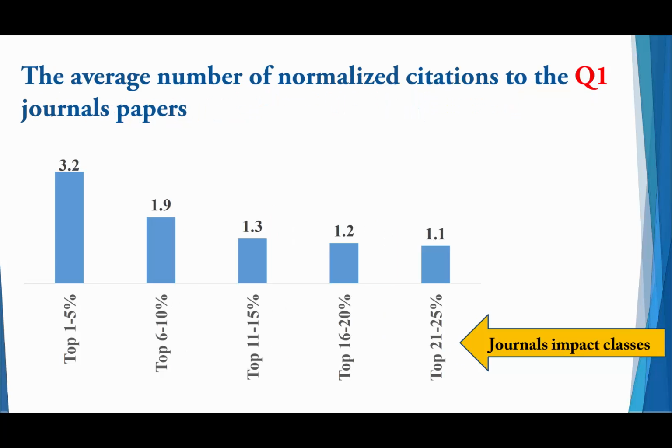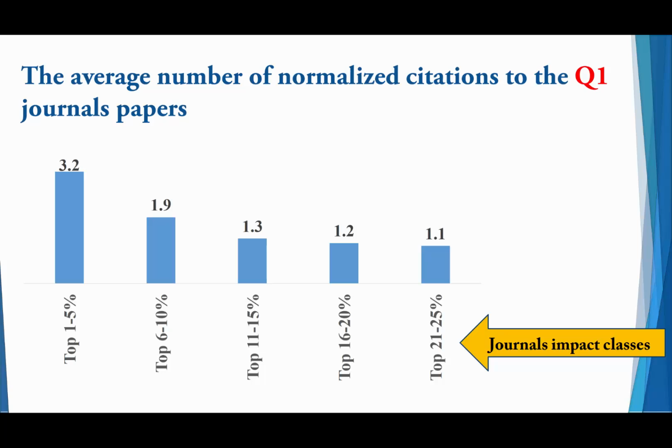The Q1 journals could be classified into top 1 to 5% journals, top 6 to 10% journals, top 11 to 15% journals, top 16 to 20% journals, and top 21 to 25% journals with respect to their impact factor value. In each class, the papers receive different numbers of citations.